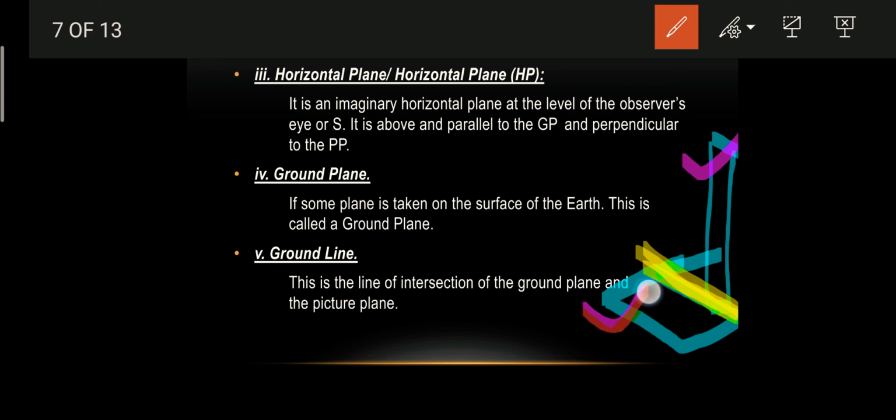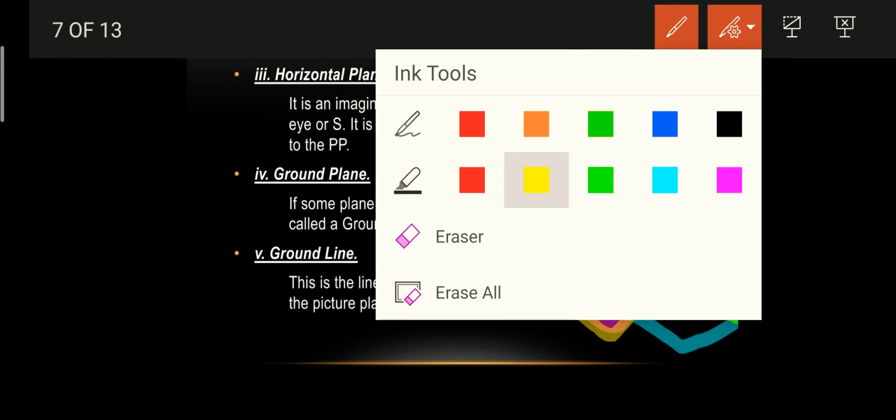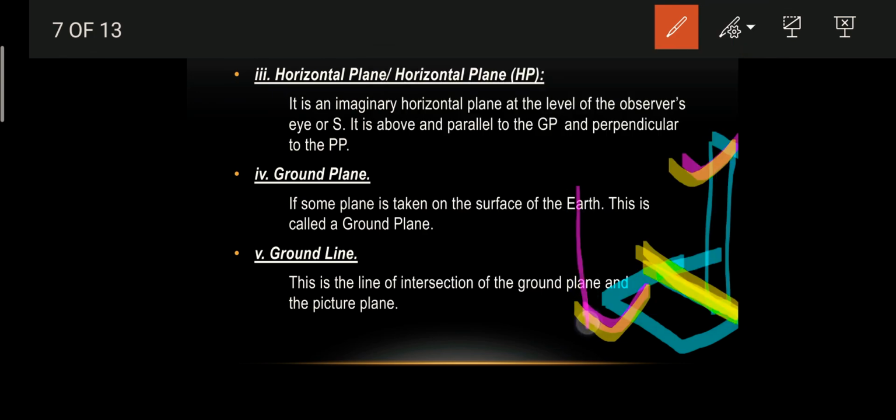This is the ground plane and this is the picture plane. And if a person is standing here and seeing an object, and here is the horizontal plane.